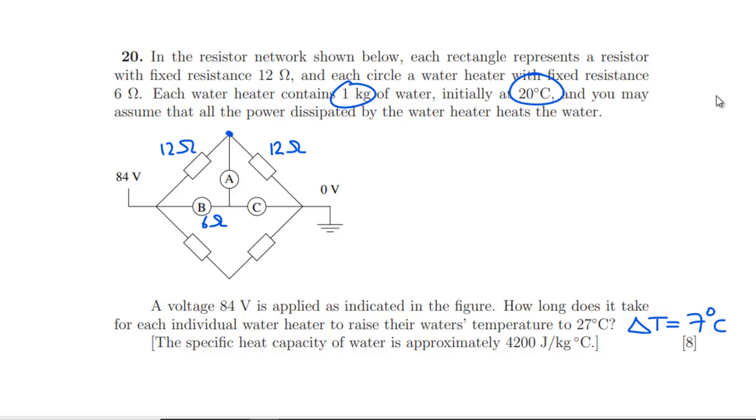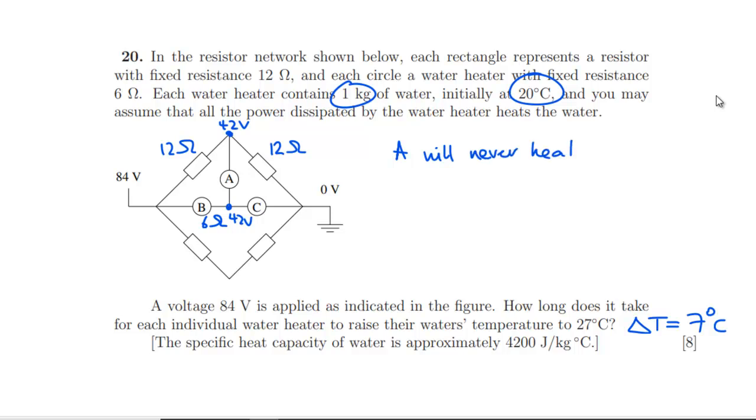They're both going to have 42 volts over them, same as the two water heaters B and C. So by the time we've got here, that's 42 volts, that's 42 volts. There's no potential difference, so A will never heat up.